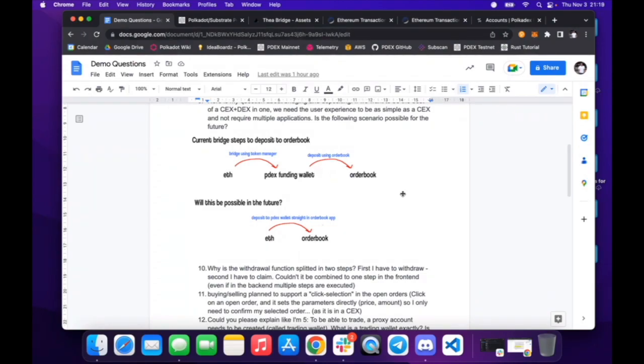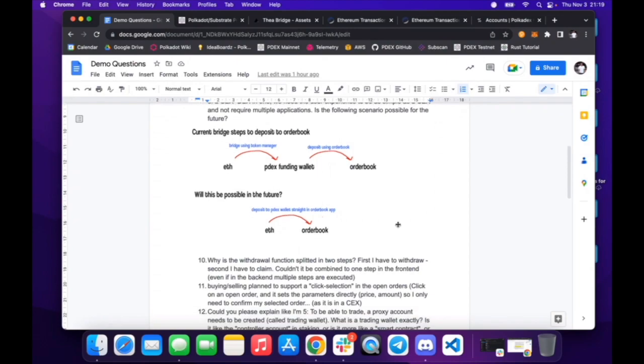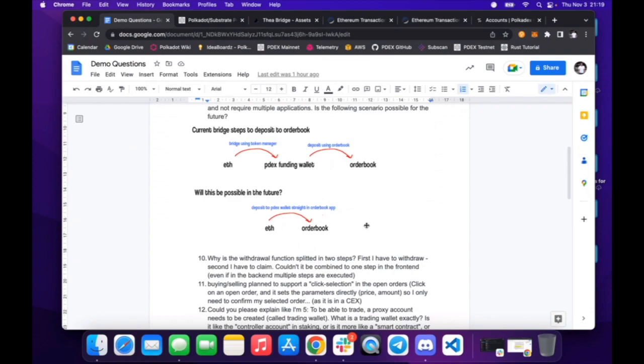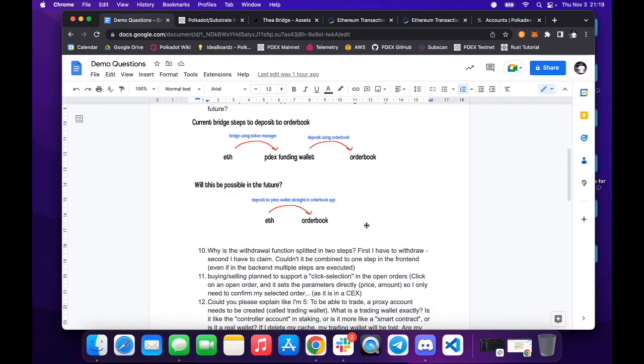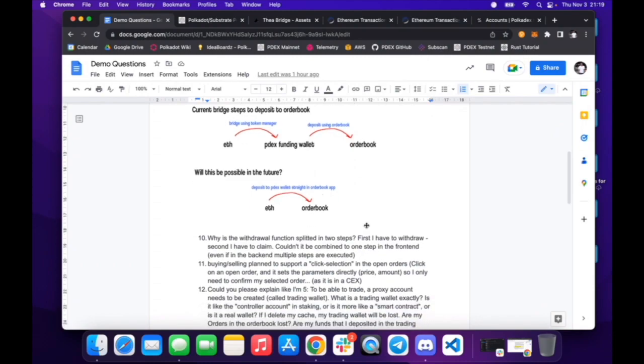So we went ahead with Chainbridge as a temporary solution. But Thea is going to be released soon. Once we have that, we will have the functionality to transfer tokens directly from the Ethereum network, or all the other networks that we support, to the Orderbook directly.